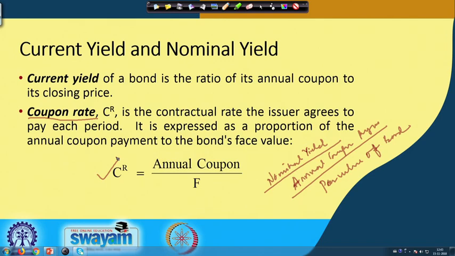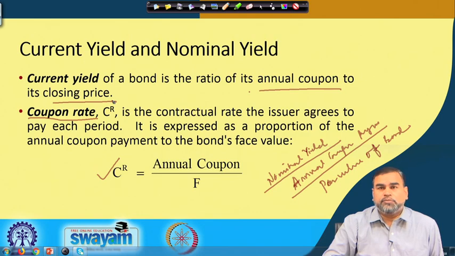But the current yield is, again, the annual coupon divided by the market price. If you remember, we calculate this market price using the discounted cash flow formula. So whatever market price we calculate, the current yield is the coupon divided by the market price of that particular bond.